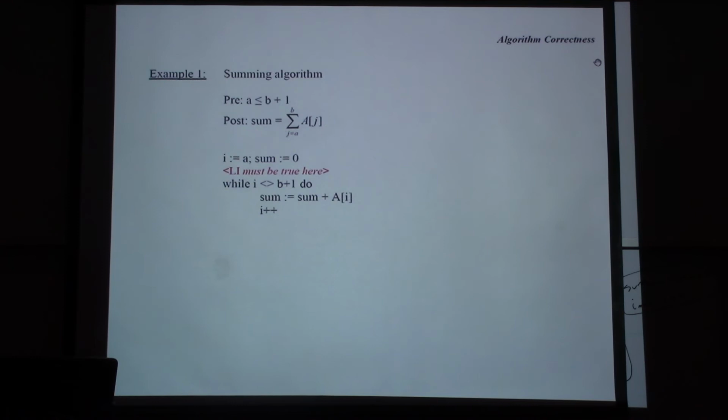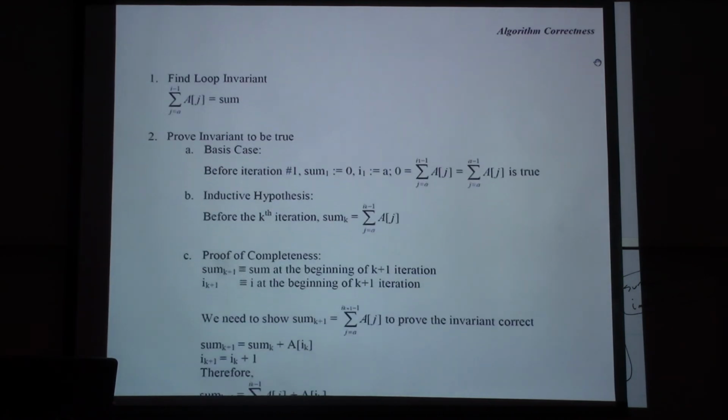That's okay. So if A is equal to B plus 1, then the break condition is true initially. We know the loop invariant is true, so therefore the break condition and the loop invariant will imply the post condition.